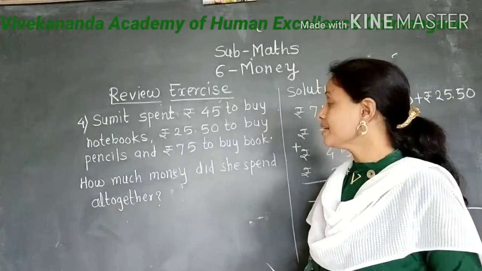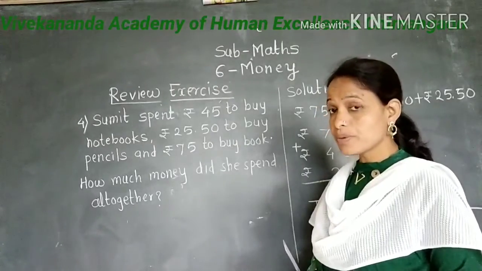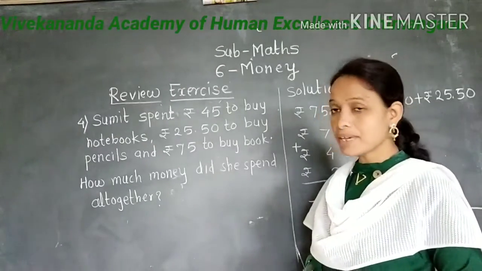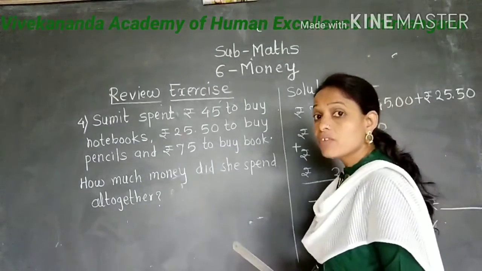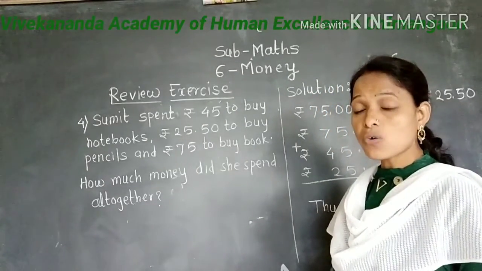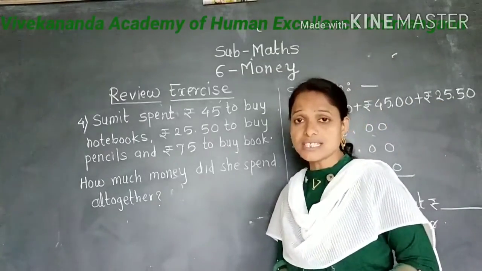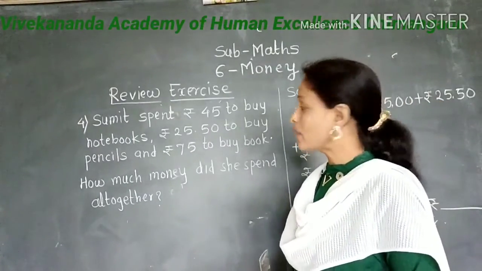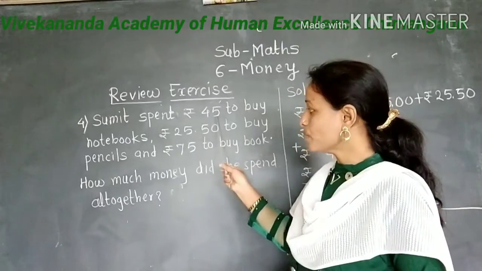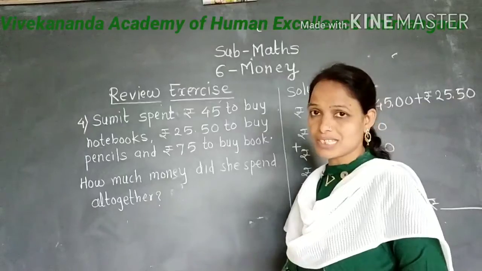So in this example we have to add 45 rupees, 75 rupees and 25 rupees 50 paise.